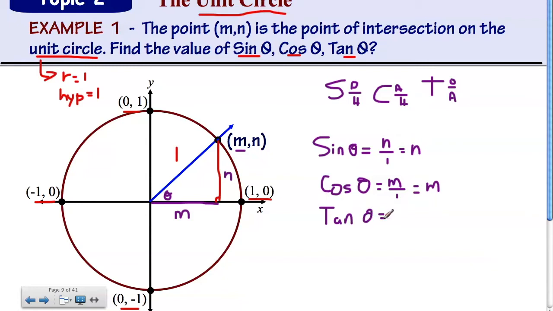The tangent is the opposite, n, over the adjacent, which is m. So that's the unit circle.